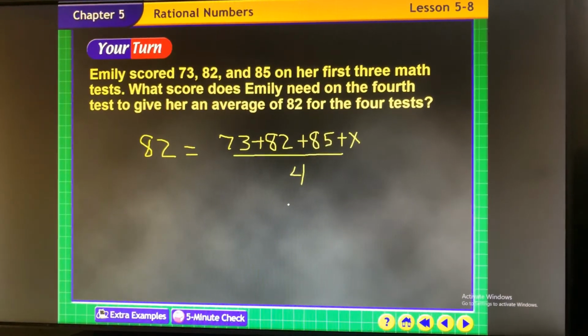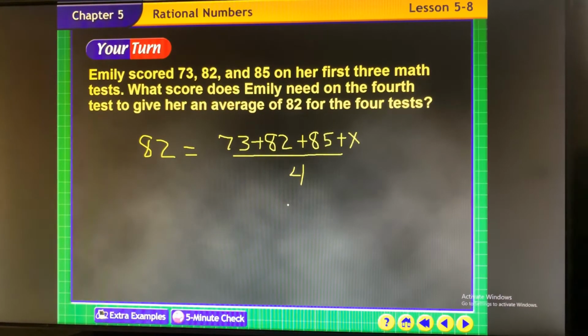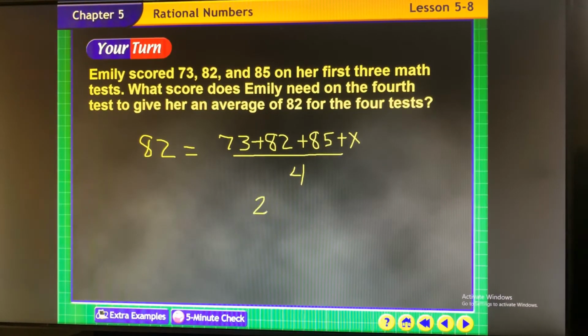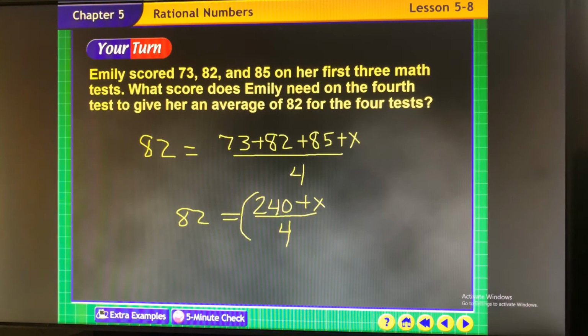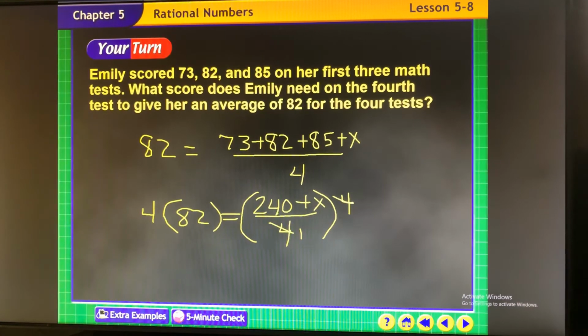So we're going to start here. You're going to add 73 plus 82 plus 85 to get the part of the sum that you know, plus x divided by 4 equals 82. Now remember, you need to get rid of that 4. So the only way to get rid of it, it's division, undo with multiplication. So we'll go ahead and multiply both sides by 4.